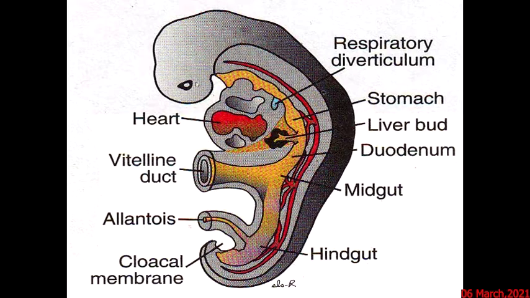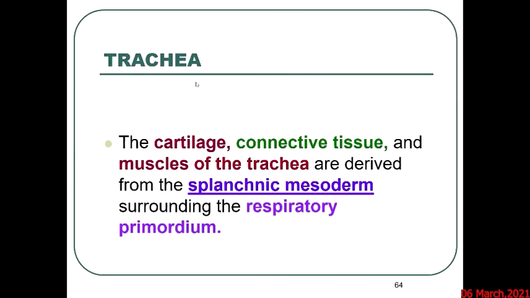The cartilages, connective tissue, what else is in the tracheal wall? Other than this lining and glands, there are cartilages, connective tissues, and muscles. All these things come from splanchnic mesoderm surrounding the respiratory primordium or respiratory diverticulum.